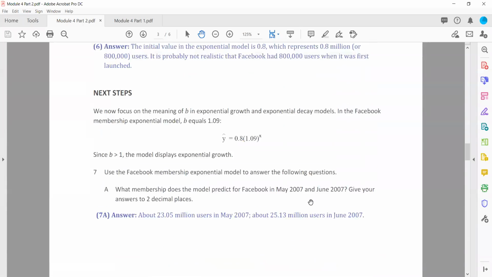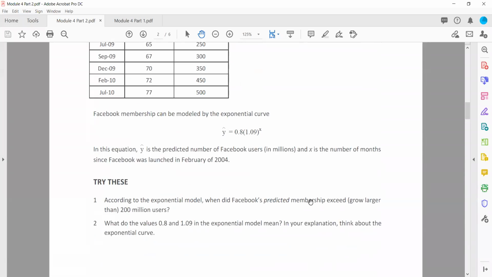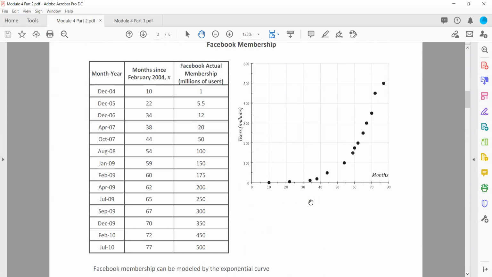So May 2007, June 2007, we need to get back to our table. Do we have any information about May 2007, June 2007? Can we derive that information?